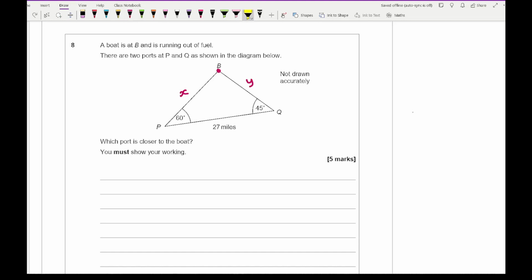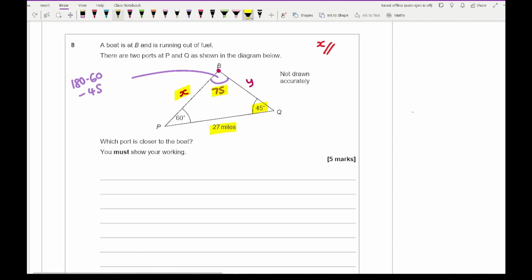So to work out x, I'm going to use this side and this angle, and I first of all need to work out this angle here. Just like the previous question, 180 minus 60 minus 45, and that's going to give me an answer of 75. And I'm going to use this angle and this side.